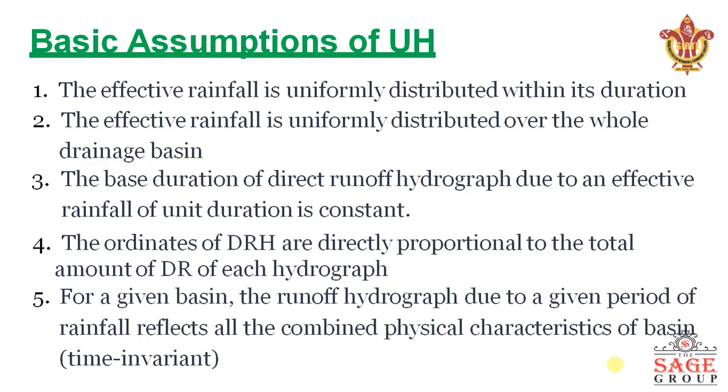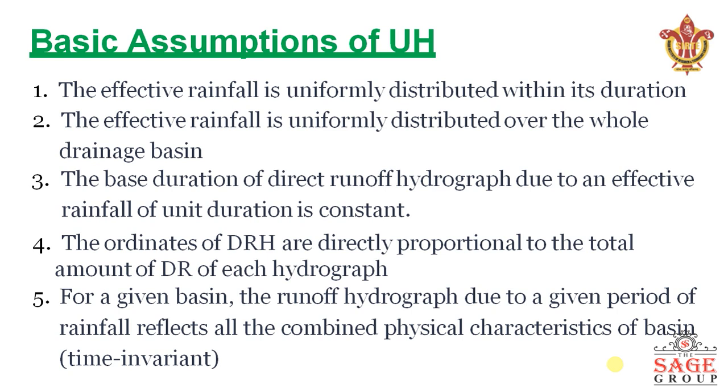So, there are various assumptions of unit hydrograph. Number one, the effective rainfall is uniformly distributed within its duration. Second, the effective rainfall is uniformly distributed over the whole drainage basin. Third, the base duration of direct runoff hydrograph due to an effective rainfall of unit duration is constant.